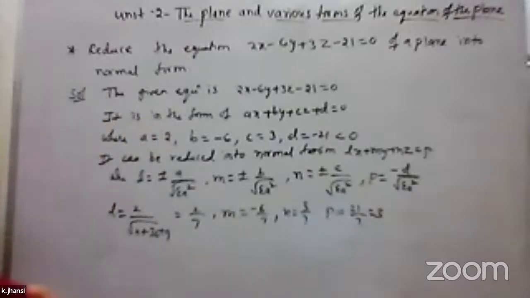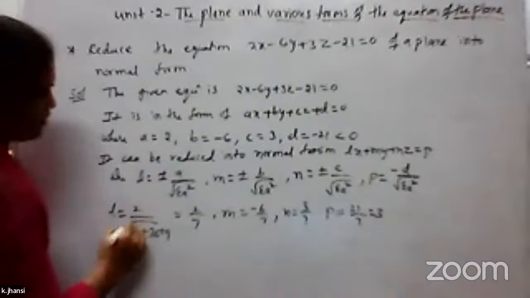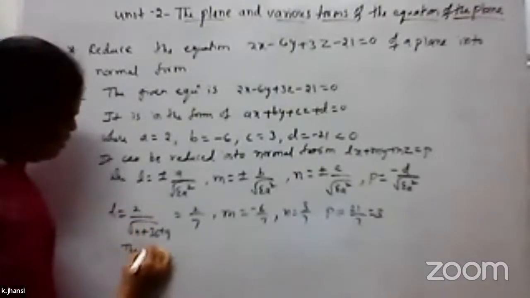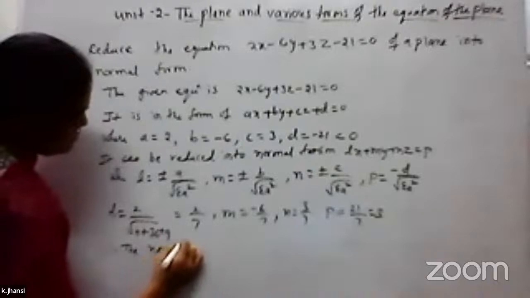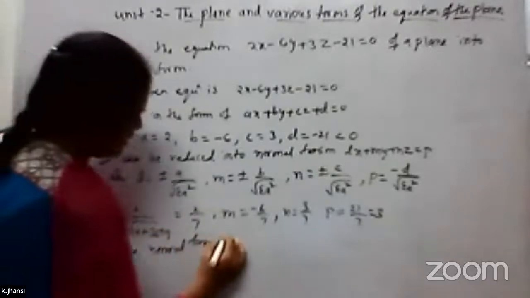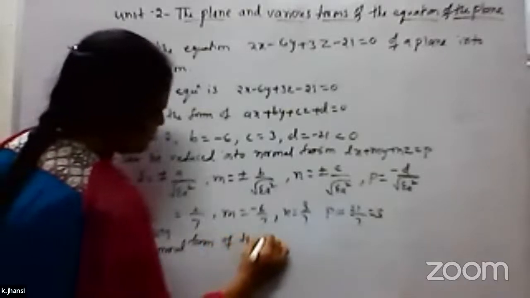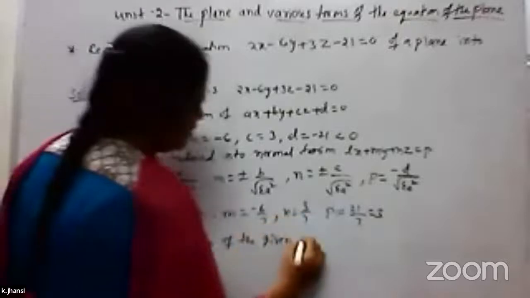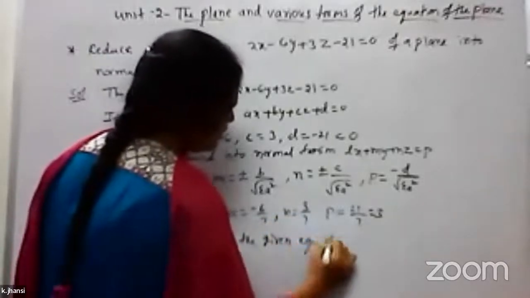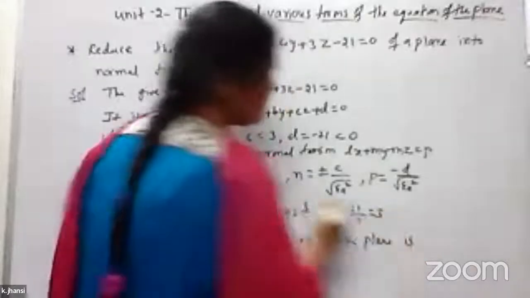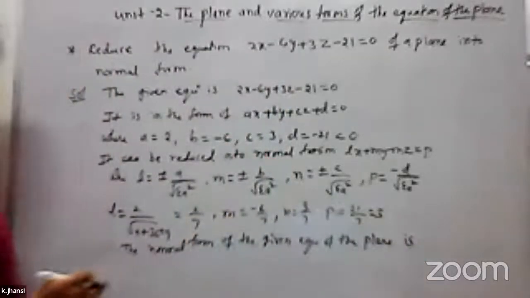So substitute in that one. Therefore, the normal form of the given equation of the plane is, okay, you are able to see, no?